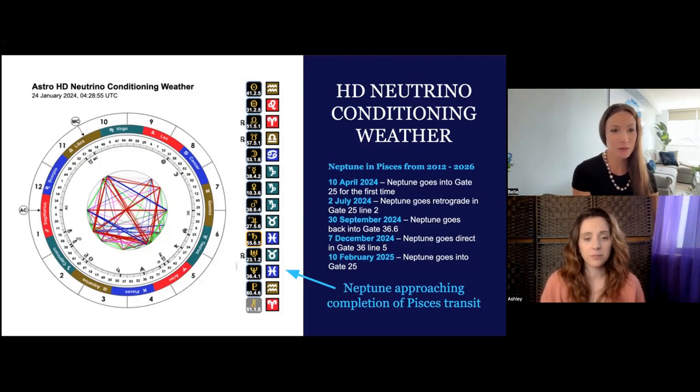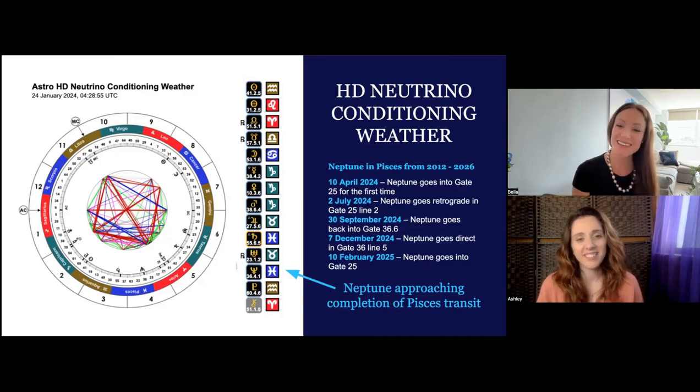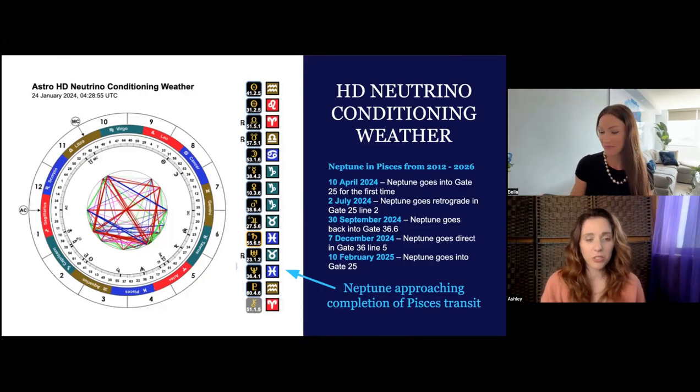So that is also an energy that probably is going to change a lot for you when Neptune comes into the G center and is not in any way activating the emotional center or meeting up from the emotional center to the emotional center anymore. Hopefully, you learned a lot of really great strategies for getting the emotions to the throat, and you take that with you when it's not activated as well.